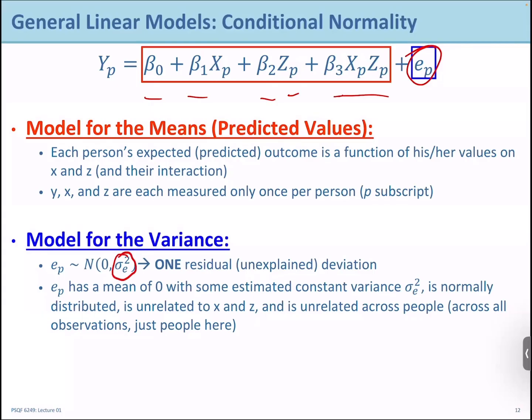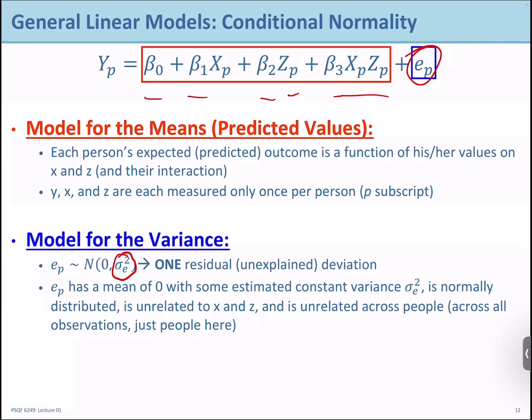And that's where the term model for the variance comes in. When you put all this together, what we're saying about Y is that this model would describe a person's outcome as having a mean that's everything in the orange box, having a variance that's sigma squared error, and following a normal distribution. So literally these components are showing up on either side, as placeholders in a normal distribution. Because a normal distribution has two parameters, a mean and a variance, we put them together.